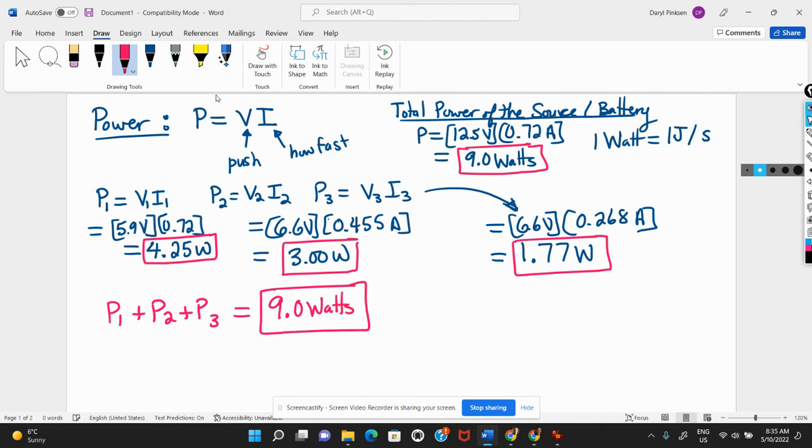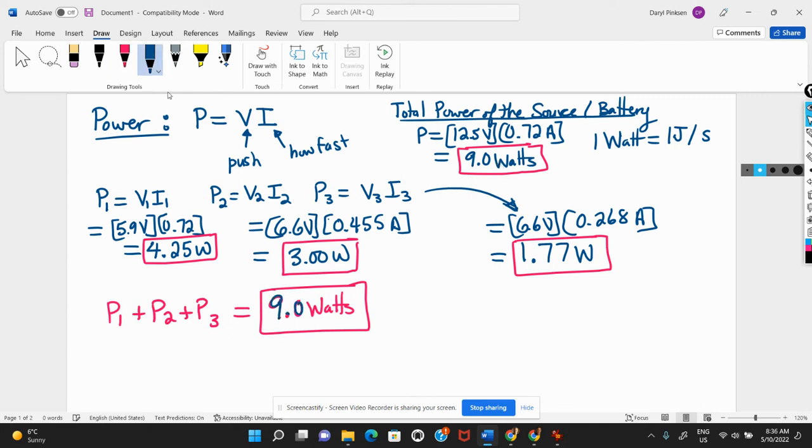So the power of the source was 9 watts, and the power dissipated by all of the resistors in the circuit is also 9 watts. When you do your circuit analysis, this is how you know you've done it right, because all of your power ratings for all of your resistors come out to equal the power of your source.